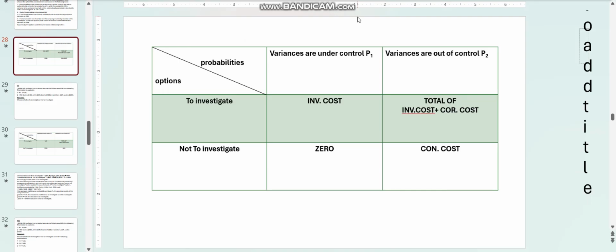This is video 32 in which we continue dealing with to investigate or not to investigate decision.